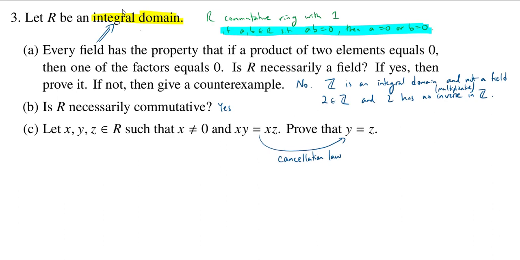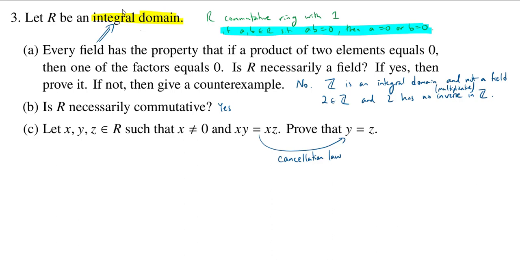One of the ways that people typically think of going from xy equals xz to y equals z is by dividing by x. But we're in a ring, and we don't really know if we have units here other than the identity, so canceling shouldn't be about dividing.